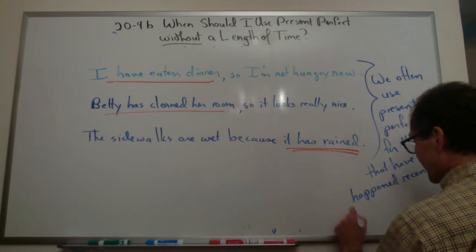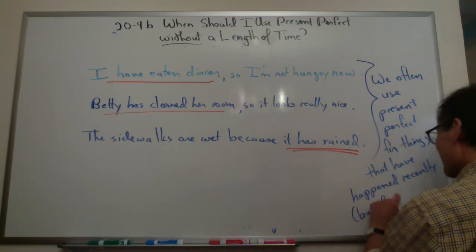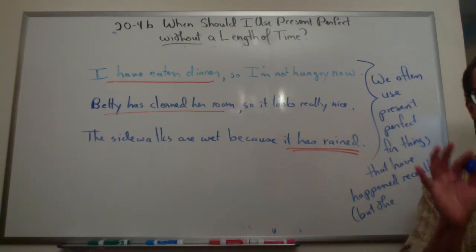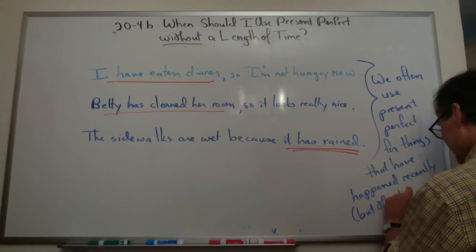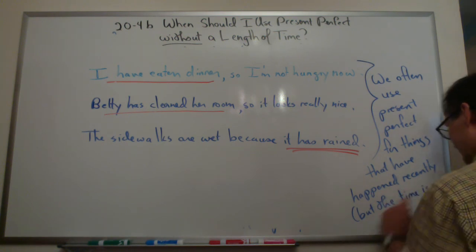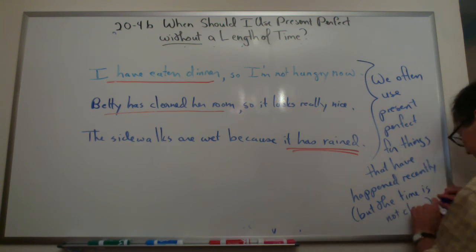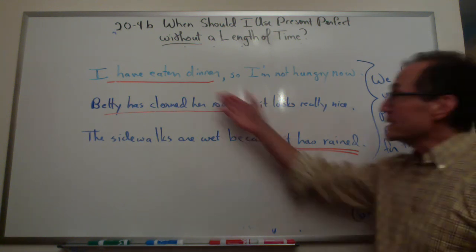And again, I'll just put here, but the time is not clear. Remember, whenever I use present perfect with no length of time, the time cannot be clear. If I say the time, I need to use a past tense. So we often use present perfect tense for things that have happened recently, but the time is not clear.